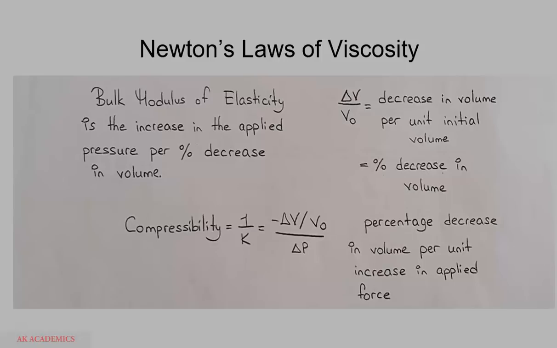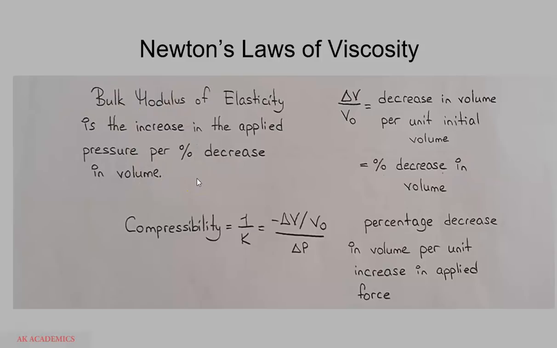And since we already said that dV is negative, we're talking about a decrease in volume. So you can see we have decrease in volume per unit of the initial volume. The note here shows that we are talking about the initial volume, and this can be written as percentage decrease in volume as given in the definition here.